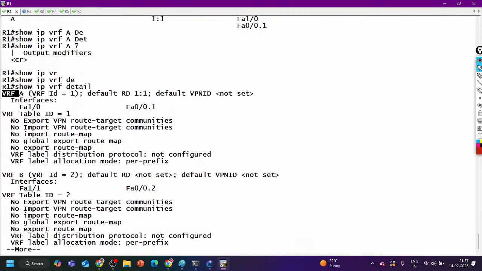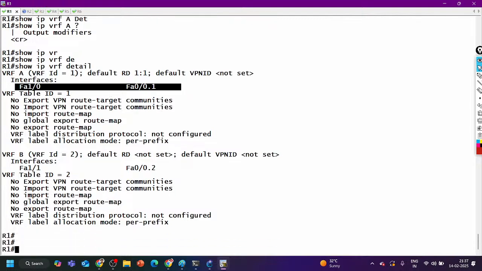So here I have VRF A. RD value is 1:1. There are 2 interfaces in this particular VRF, and route-target.